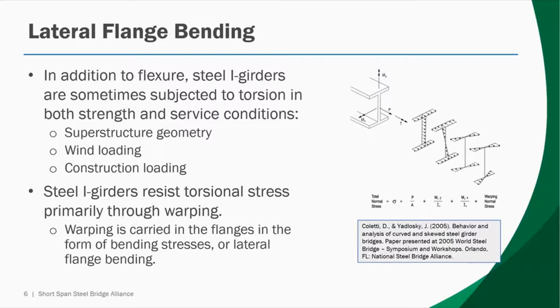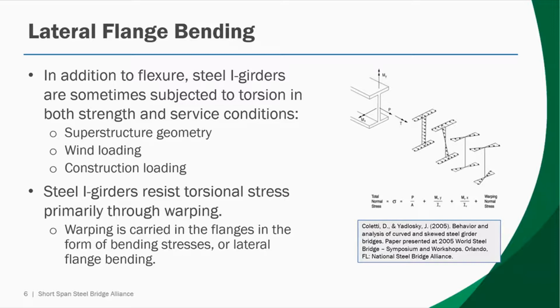Now, during the deck casting, in addition to flexure, steel I-girders can be subjected to torsion, not only in strength conditions but in service conditions as well. Generally, torsion can arise from a number of events. For instance, the superstructure geometry itself, such as horizontal curvature, can induce torsion in the girder.